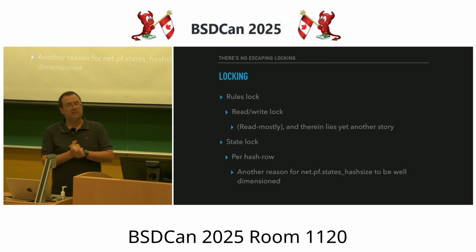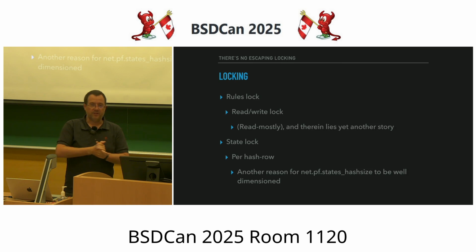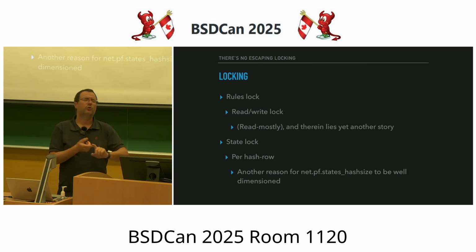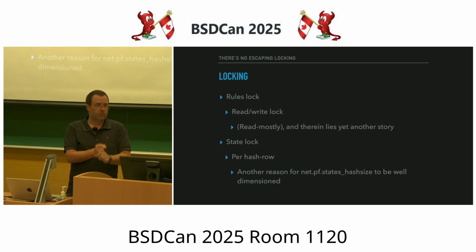The state lock is a little bit interesting because I've kept things simple when talking about states, but it is, of course, more complicated than this. Because your state is based on your source IP address and port and protocol, and it turns out those can change. You can do NAT, network address translation.